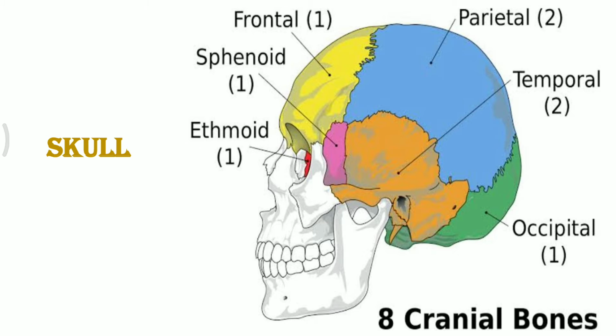It has 8 bones: one frontal bone, two parietal, one occipital, two temporal, one sphenoid, and one ethmoid. It is already written over here. If you count it down, it comes to 8 bones. Now, there are various other structures as well. The face also has various bones, altogether 14 bones.